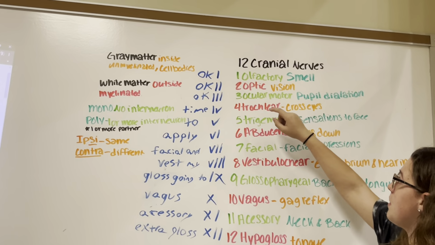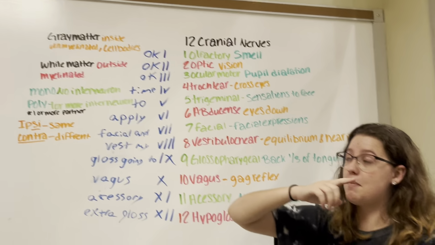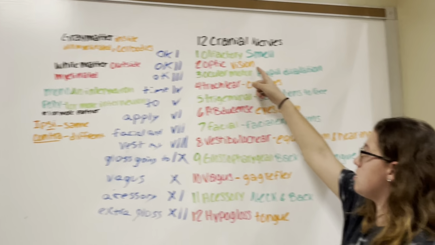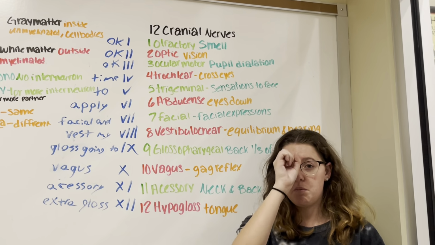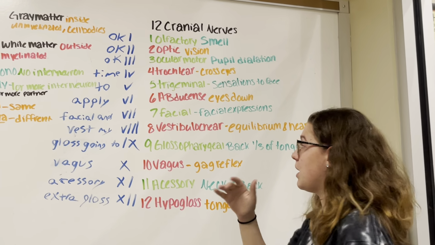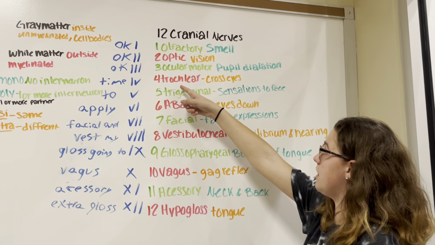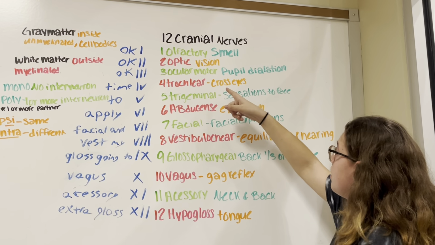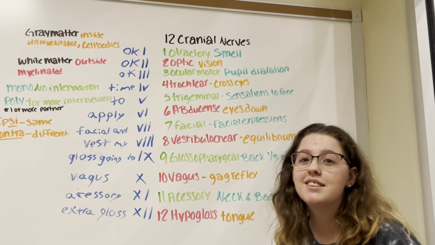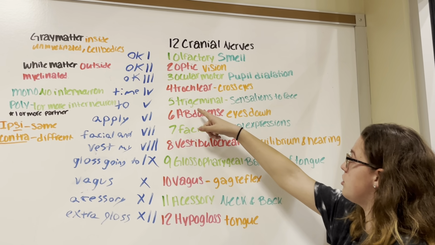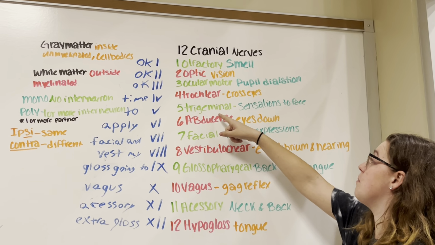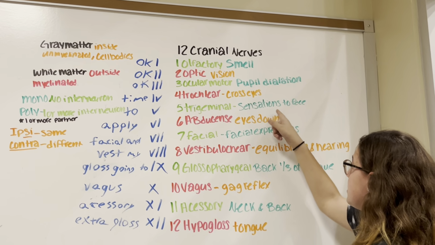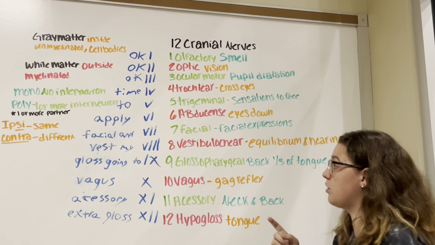So this is going to be the olfactory, which is smell, the optic, which is vision, the oculomotor, which is going to be the pupils, so motor, movement. Then it's going to be the trochlear, which is crossing your eyes, and then the trigeminal, which is the sensation to your face, hot or cold.